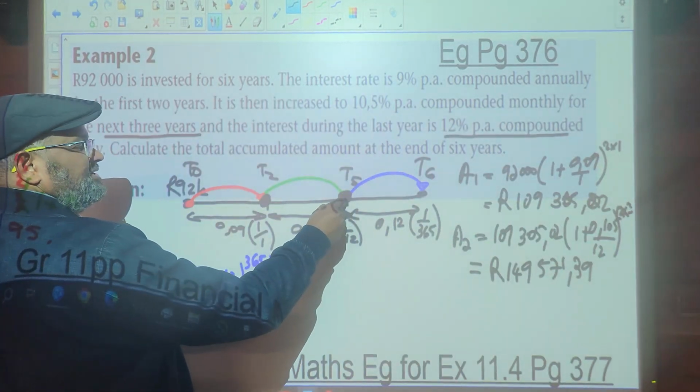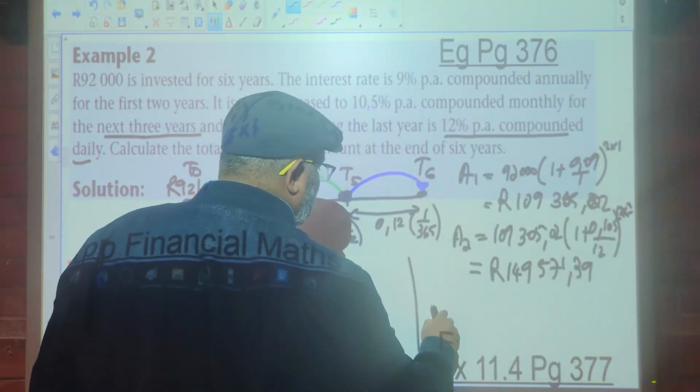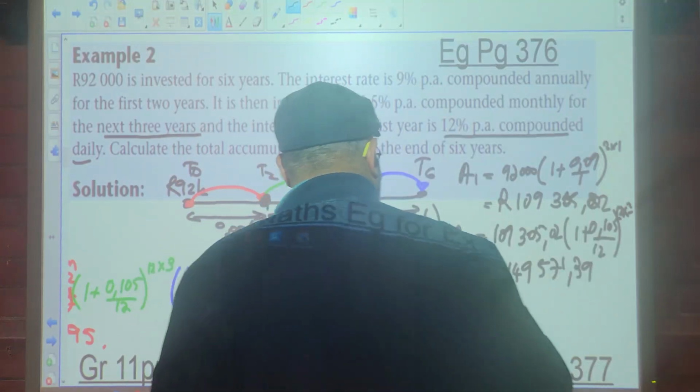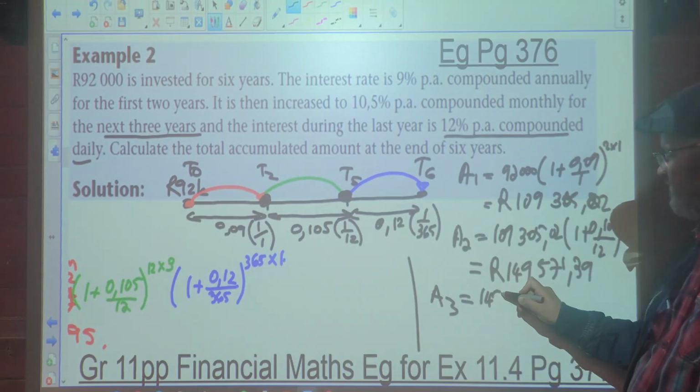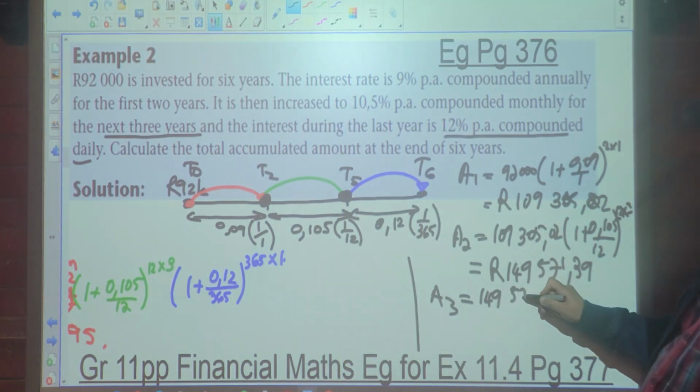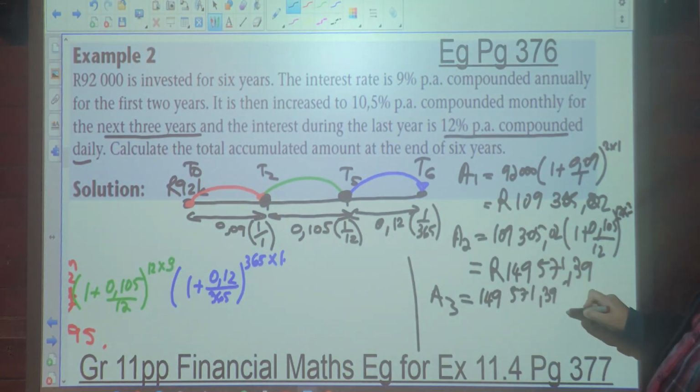Can you see that? Then you say A3 is equal to 149,571,39 into 1 plus the interest factor, which is 0,12 over 365, to the exponent 365 times 1.